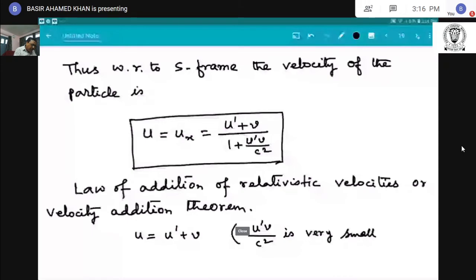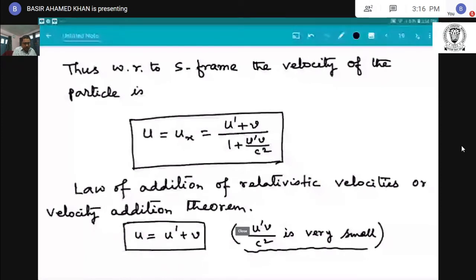I get from the above equation u equal to u dash plus v, which is similar to the classical relation for relative velocities.